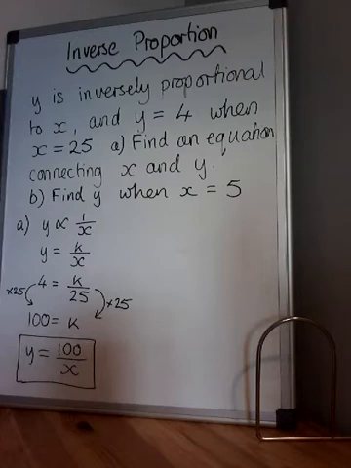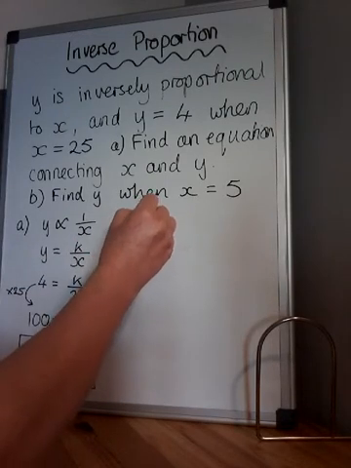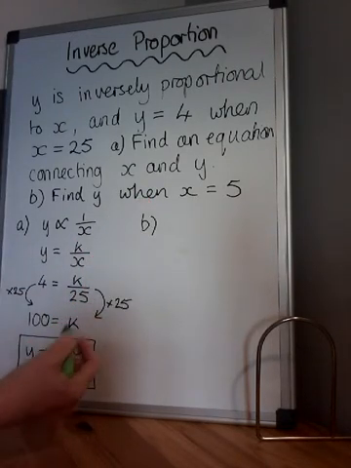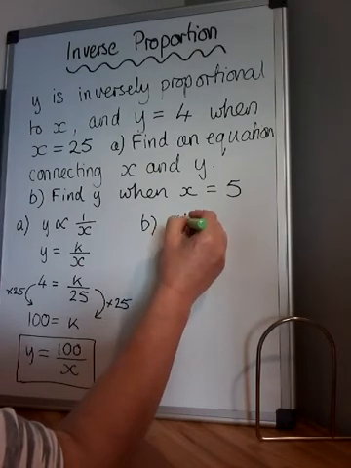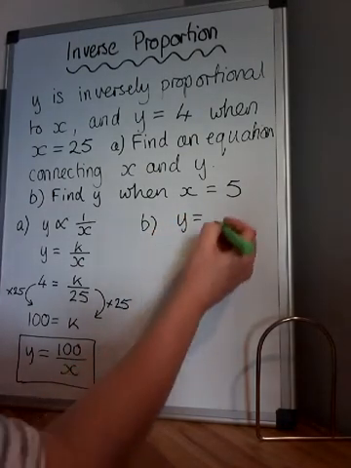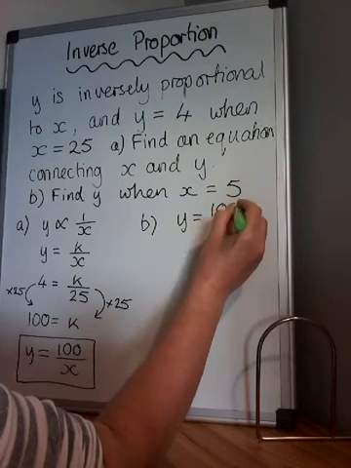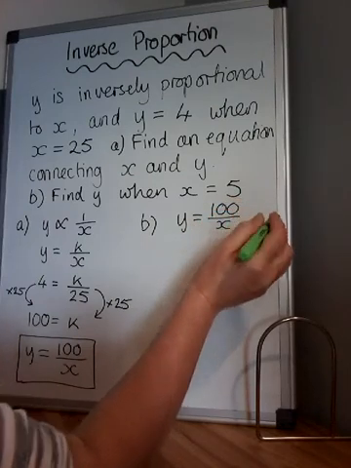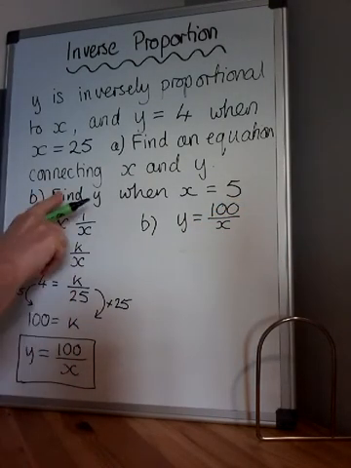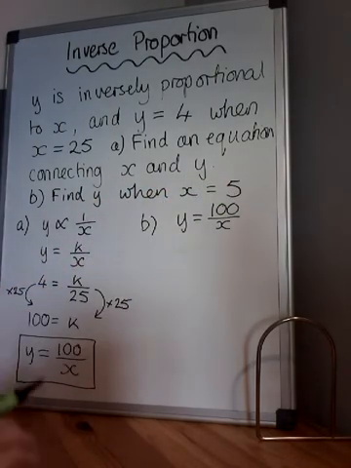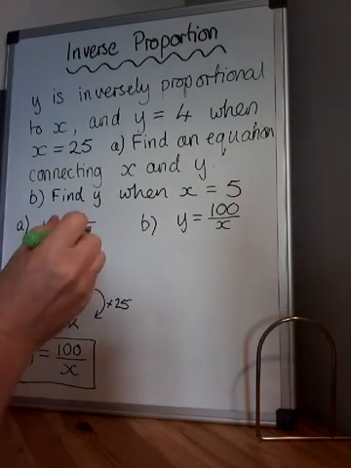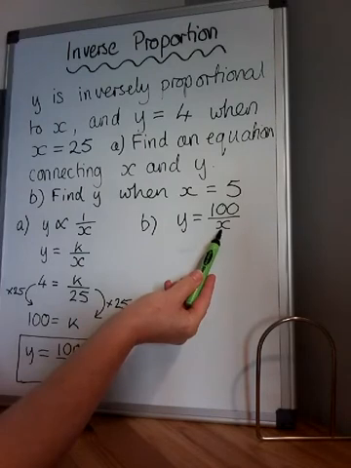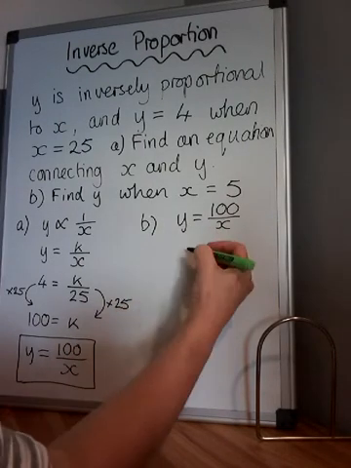Part B, we now use that. So the equation that you've got here, I'm going to use it in part B, y equals 100 over x. And I'm going to work out, find y, when x is 5. So this time I'm only replacing the x, and I'm going to replace the x with 5.